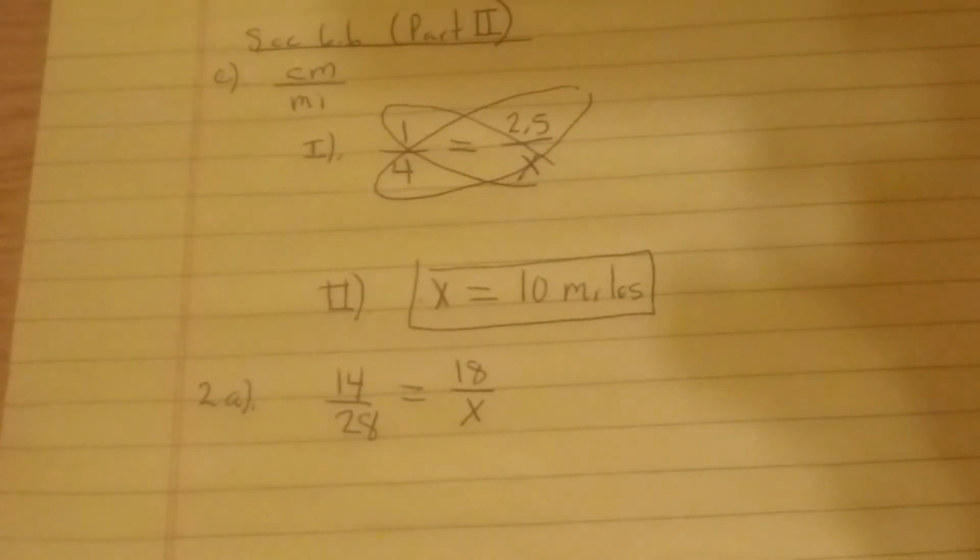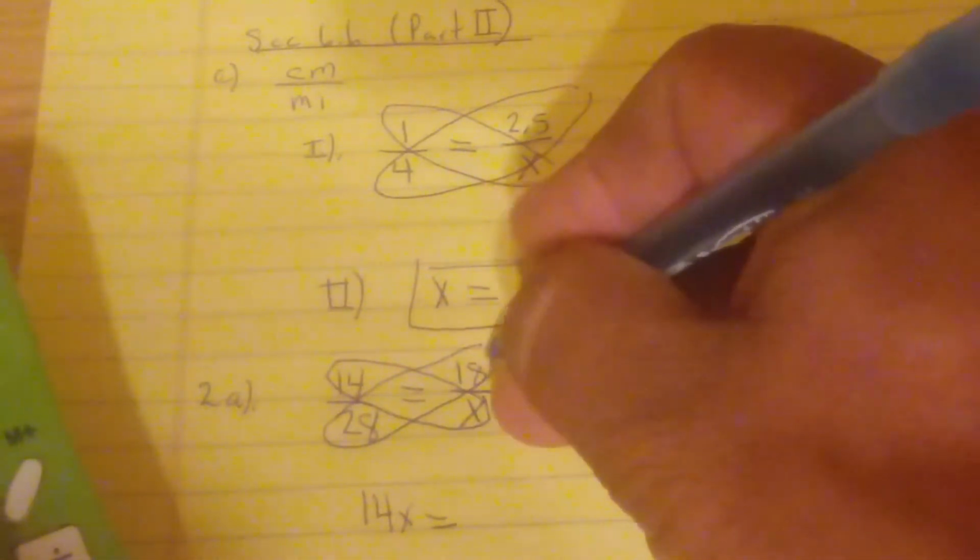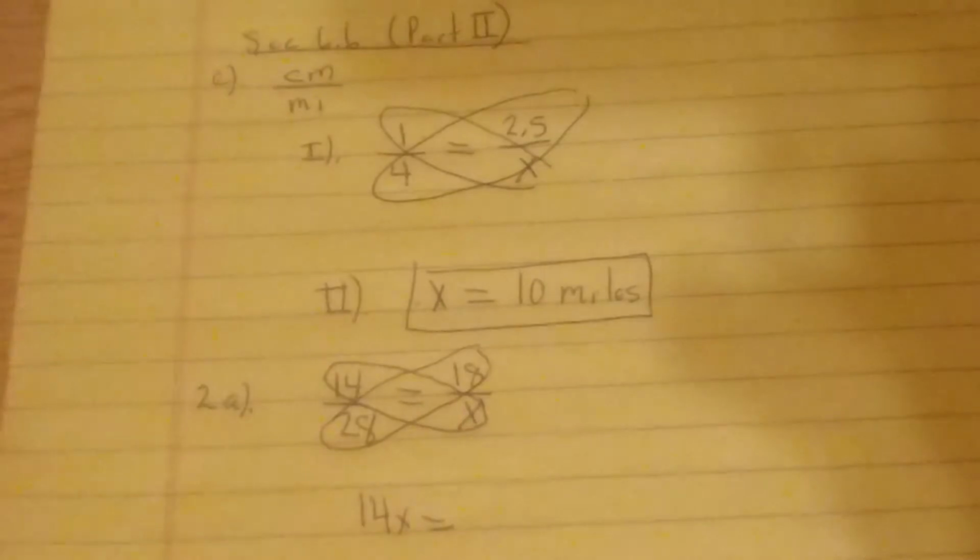Okay, class, so once again, the same thing that we did before. We're going to multiply 14 times x. So that's 14x. And we're going to multiply 28 times 18. So once again, make sure that you clear the memory from your calculators.